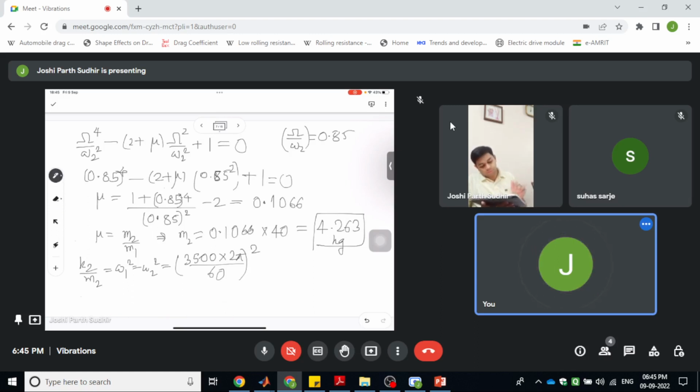And so using that we will get the value of k2 to be about 572.67 kilonewtons per meter.